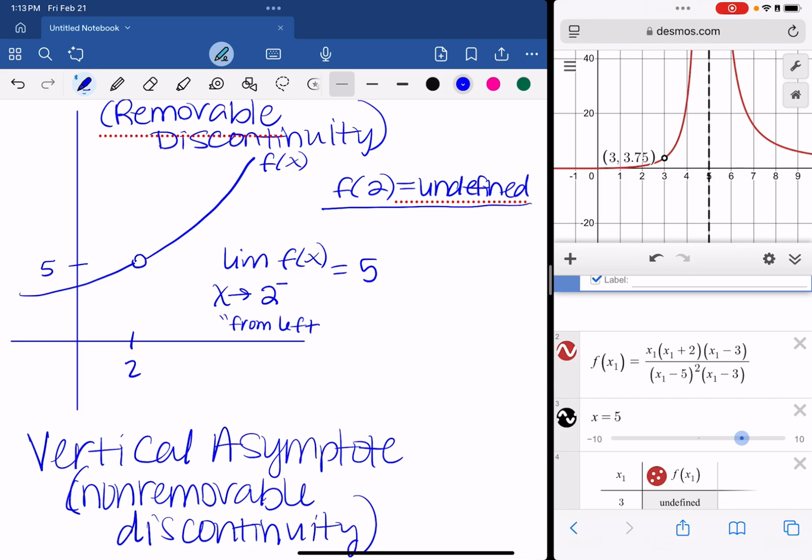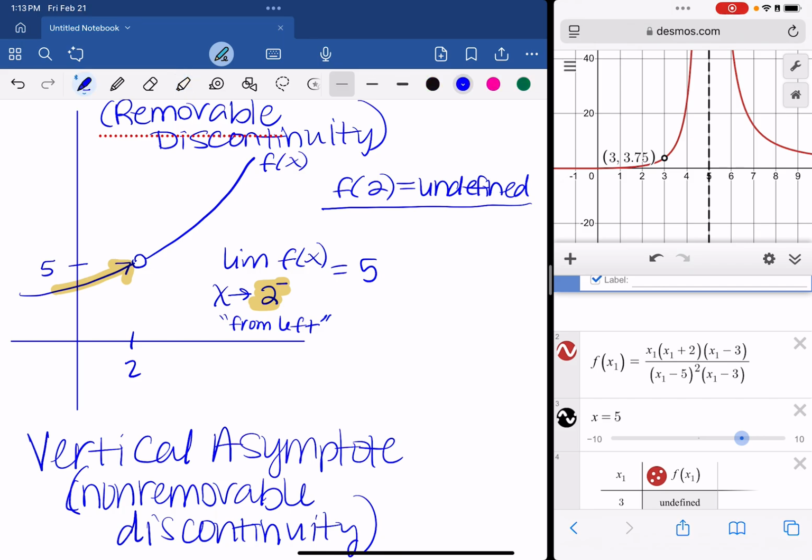But when I approach from the left of x equals 2, I'm still headed towards a y value of 5.